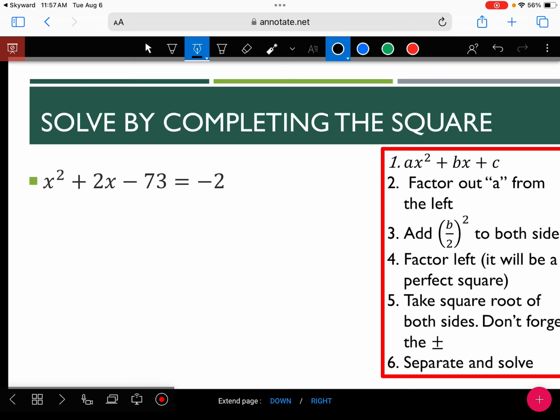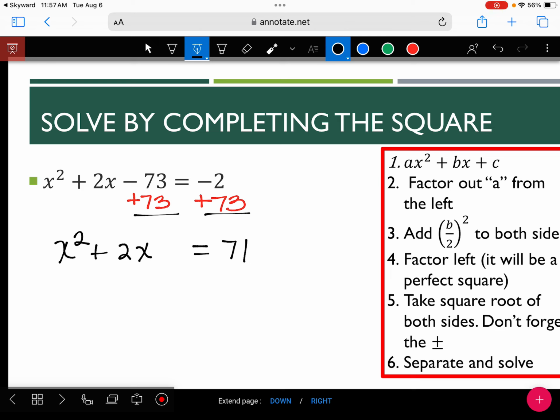Add the 73. So let's add 73 to both sides. So then that'll give us x squared + 2x = 71. Now step 2, because a is 1, we don't have to do anything with that just yet.